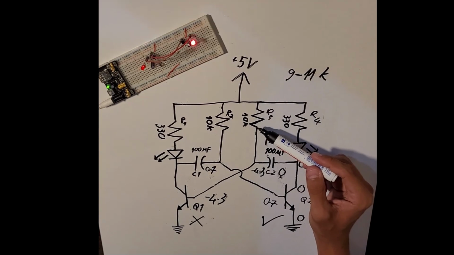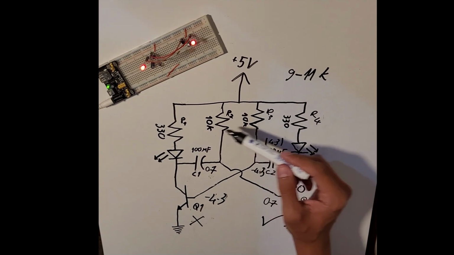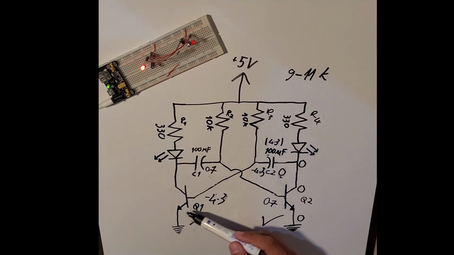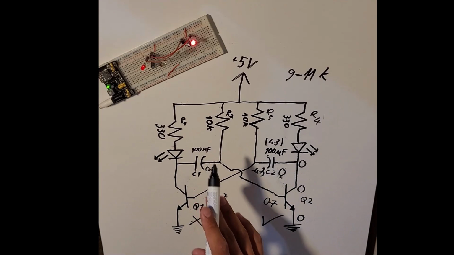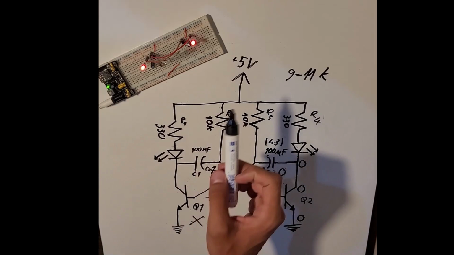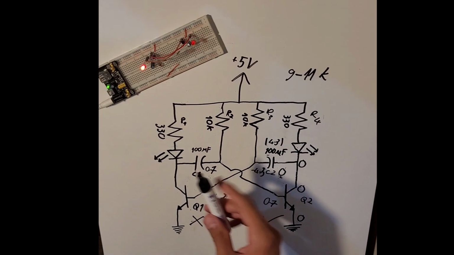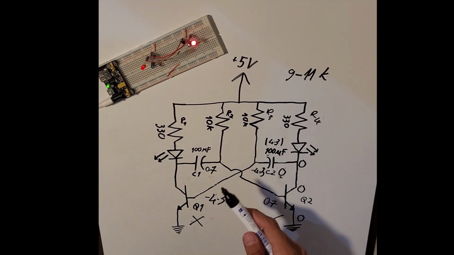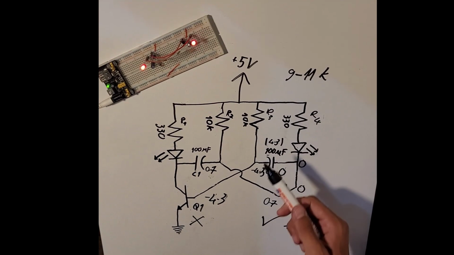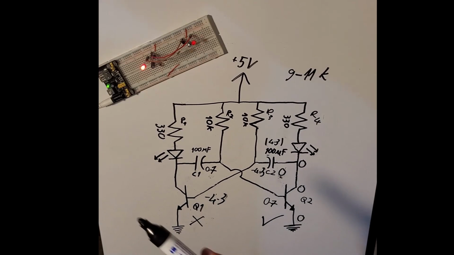So if this resistor is actually smaller than this one, Q1 will be the first one to turn on and it will start the cycle. And this time will be quite short. Capacitors will have so little charge, so the beginning of the cycle will have a really small frequency. And after that, the circuit will settle into its normal oscillation.